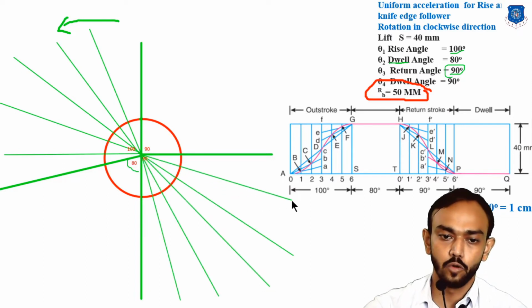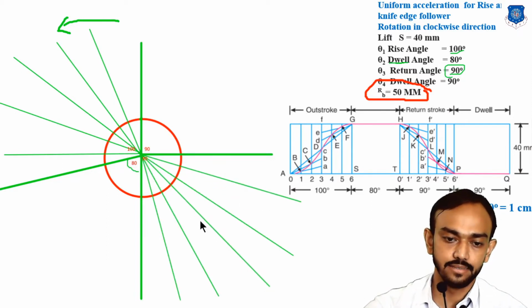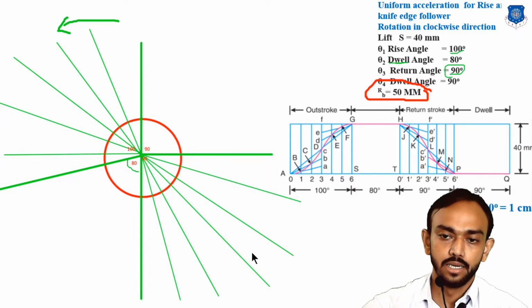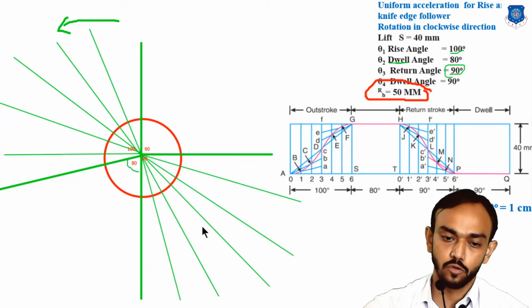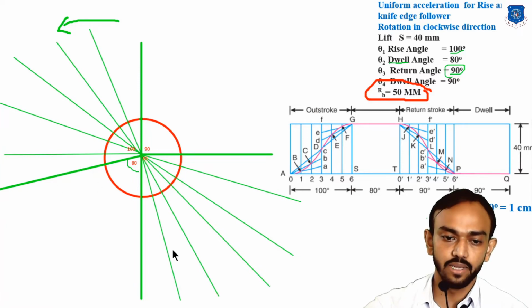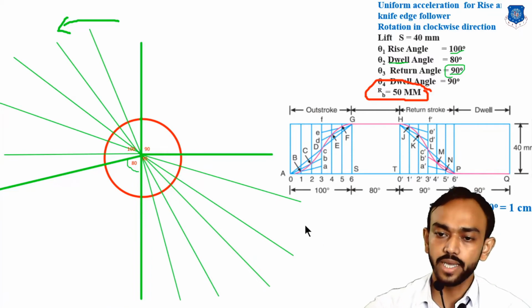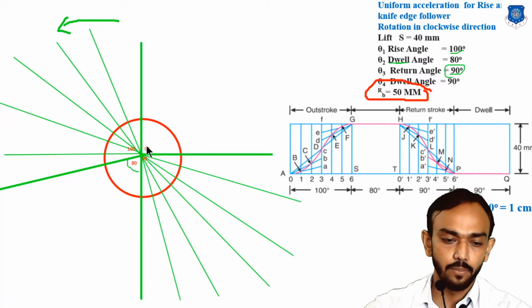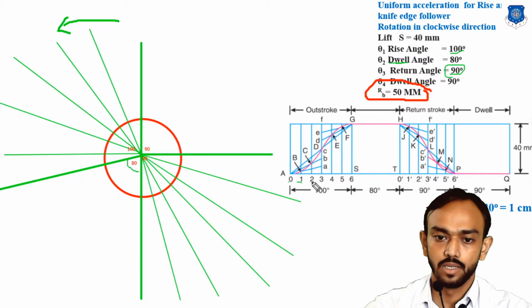Okay, we don't know the points on these lines, these 6 parts, so we draw the lines with length which must be more than the rise. We know the rise is 40, so this line will be more than 40, after this circle maximum. Now give the points same as here, like you have given the points 0, 1, 2, 3, 4, 5, 6 for the rise.